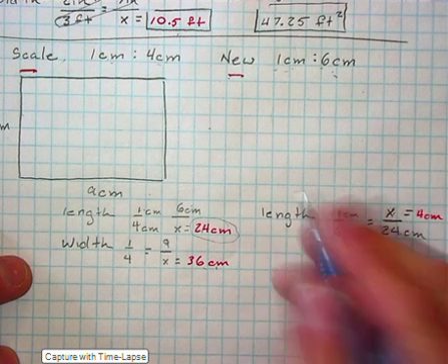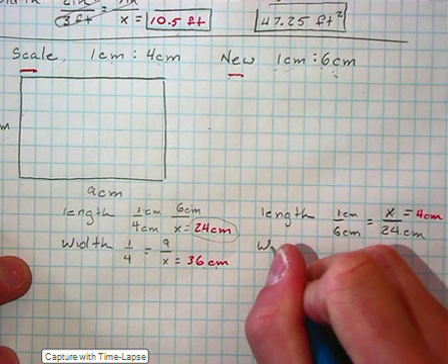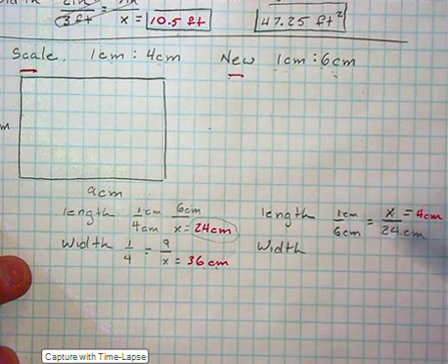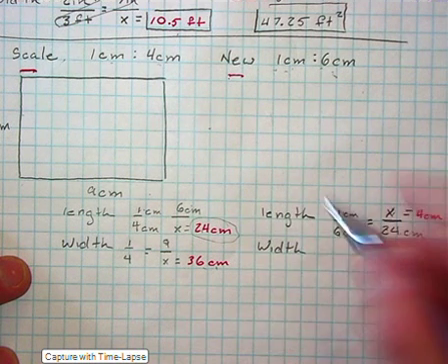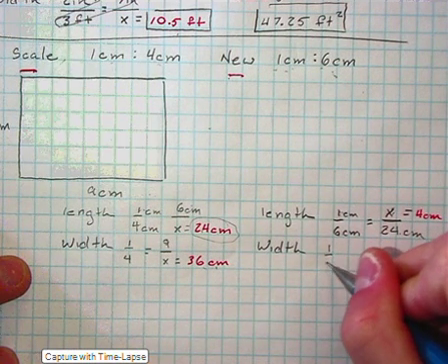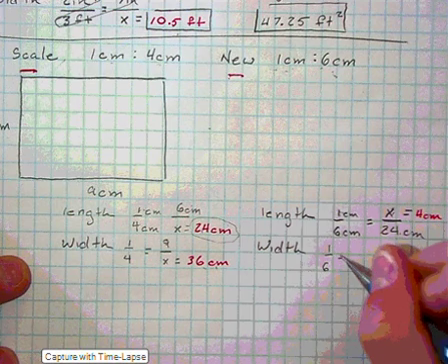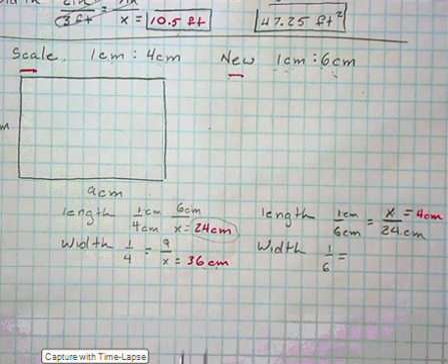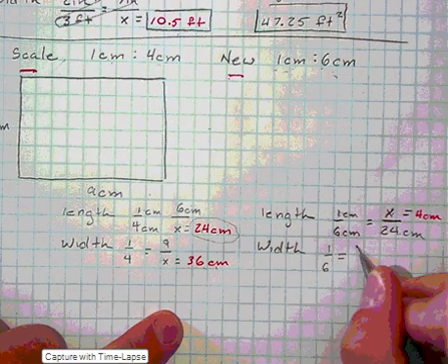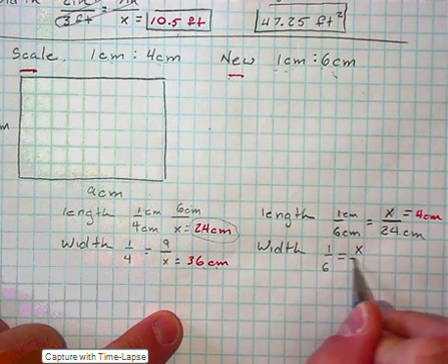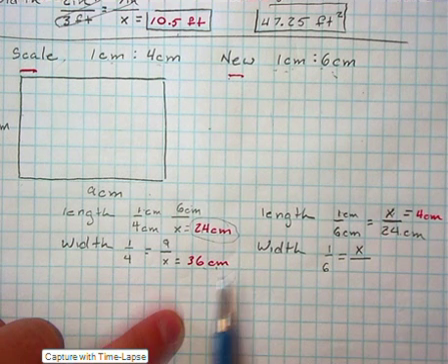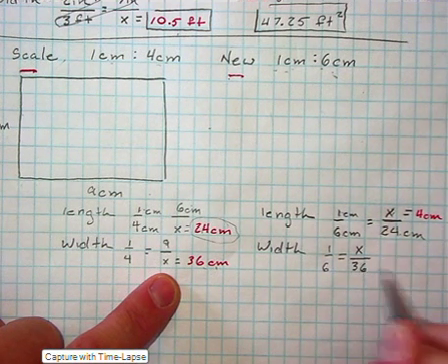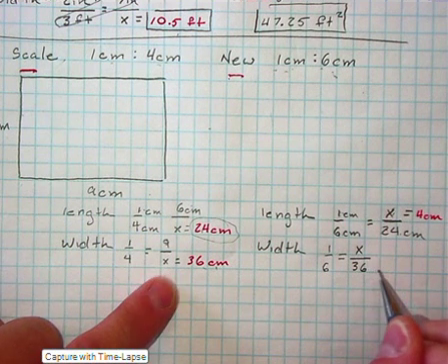Now we'll find the width. Our new scale is 1 to 6. Says it right there. 1 centimeter to 6 centimeters. We want to know what the map distance is going to be. We know that the actual distance of the tablet, or the actual width, is 36.